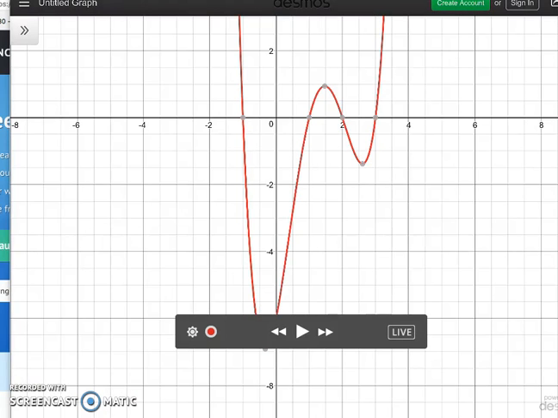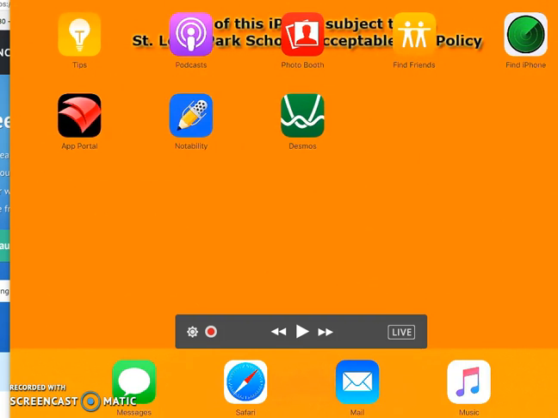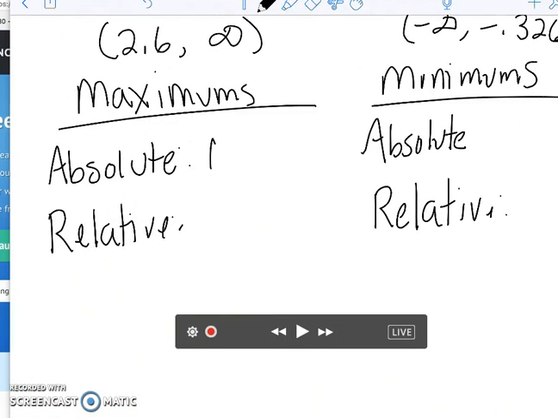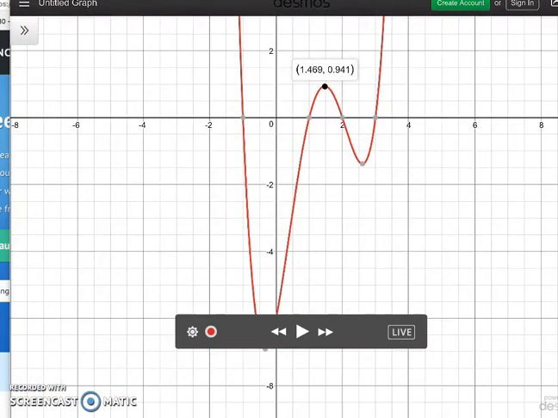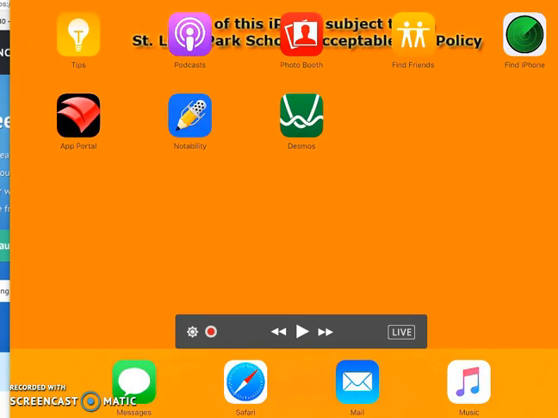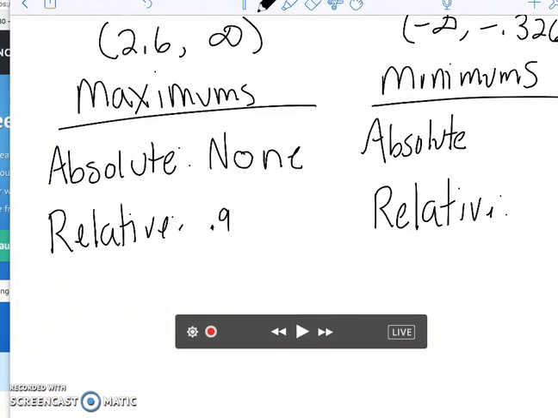All right, so here's a high point on the graph, but it's not the highest. So when we go back here, we could say there's none. There isn't an absolute max, but the relative max, and I already forgot that, was 0.941. So that was a high point of 0.941 at where x equals 1.469.